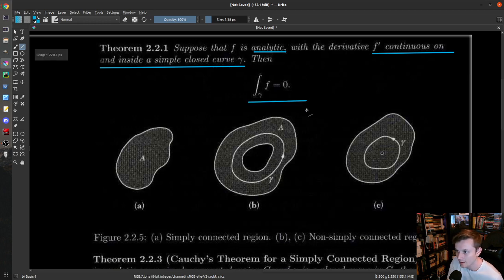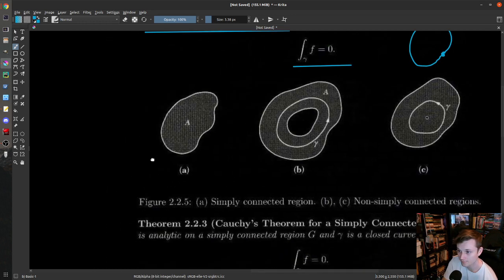Then we got a 0 contour integral. So the idea is that if we have a nice simple closed curve, not self-intersecting, that starts and ends, if f is continuous on and inside of that, then you're going to get out 0.